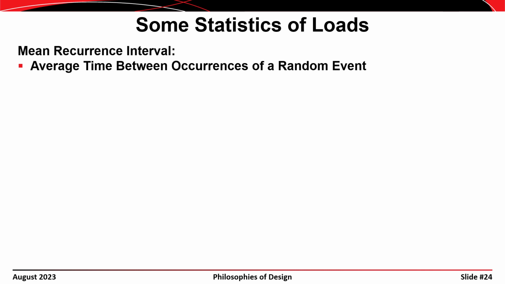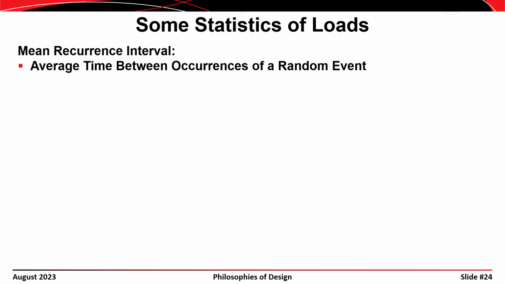So that would be the mean recurrence interval. If you think it's going to be, say, 1,500 years in between magnitude 8 earthquakes in any given location, then the mean recurrence interval would be 1,500 years. So that goes back to the idea of a 50-year storm or a 100-year storm, right? So that's what a mean recurrence interval is.